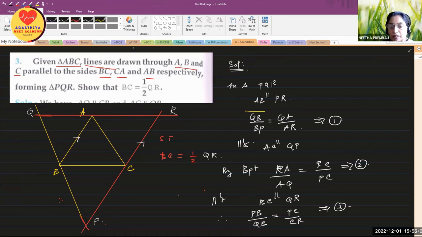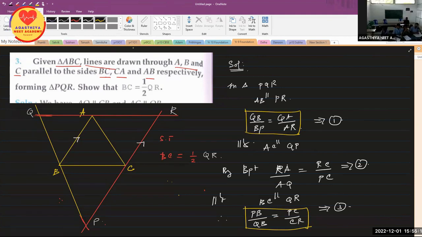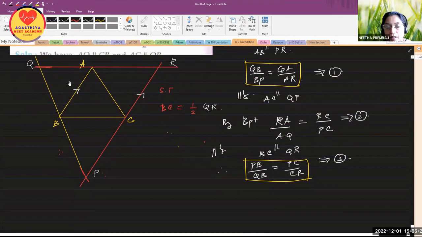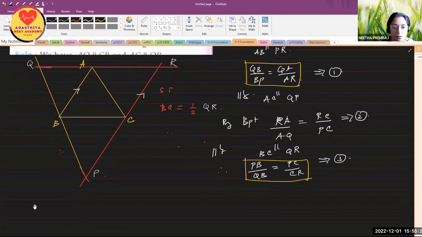Now, if you check this and this, this one is QB by PP. This is PB by QB. So, how do you write? You can write this way.